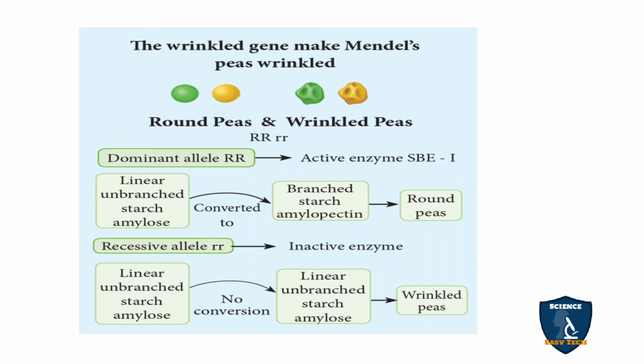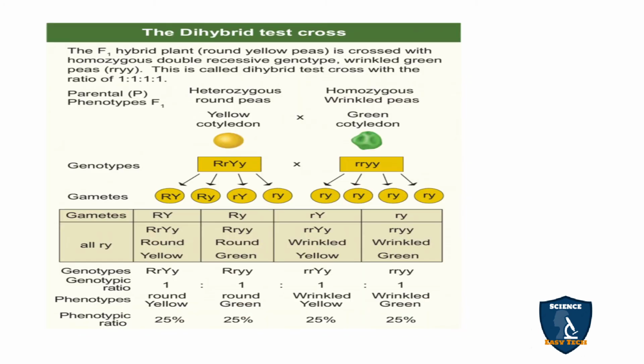And you can see the dihybrid test cross. Dihybrid means the F1 condition, where the heterozygous yellow round plant is crossed with the green wrinkled plant, which is homozygous recessive.